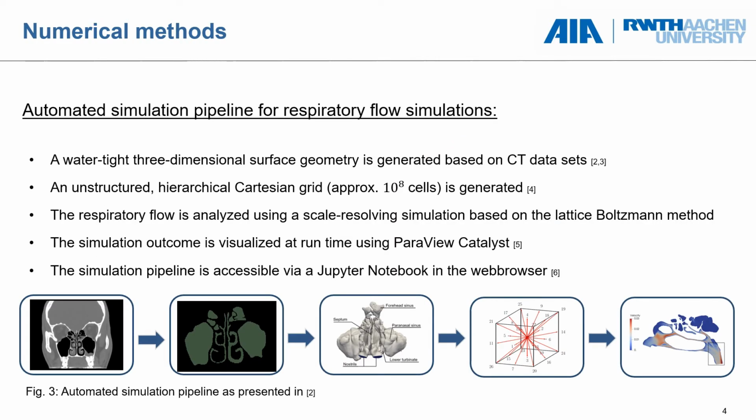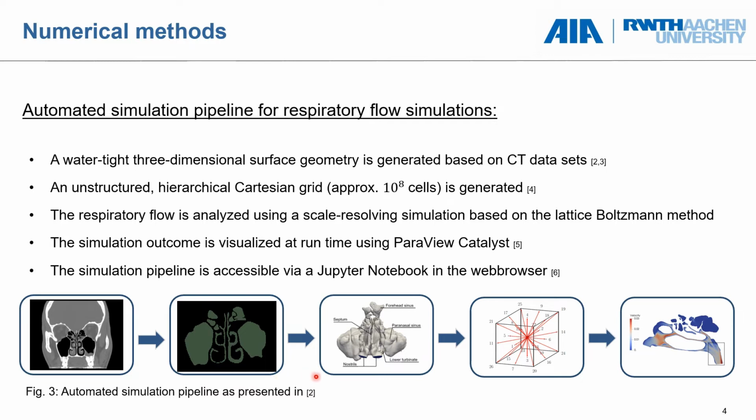So here you can see the automated simulation pipeline for respiratory flow simulations. It starts with the upload of CT data sets of a patient, which are then automatically segmented by a machine learning approach.